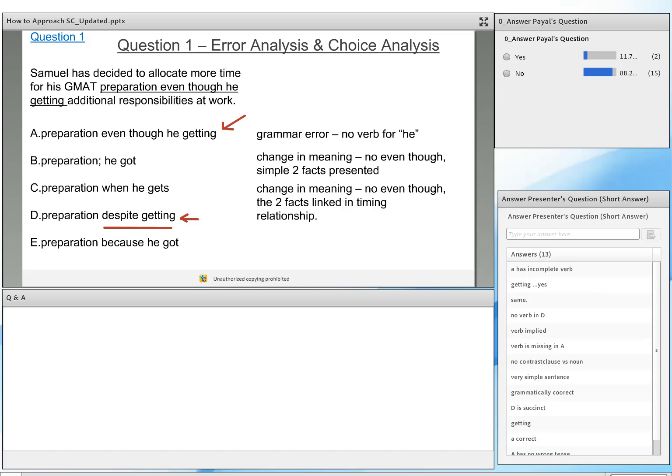So basically the sentence structure has changed. "Despite getting additional responsibilities at work" is not the same structure as choice A, but the sentence communicates the exact same meaning. So what does that tell you? It tells you that you can have multiple sentence structures communicating the same meaning.